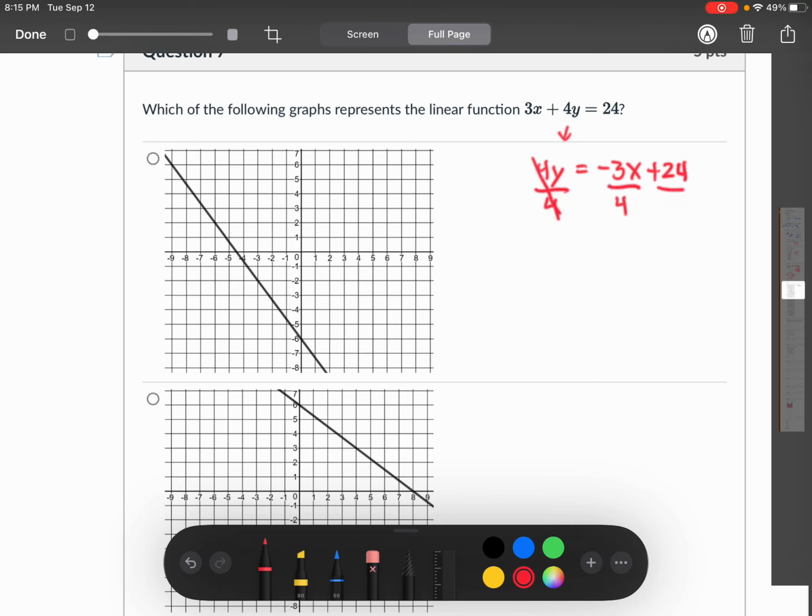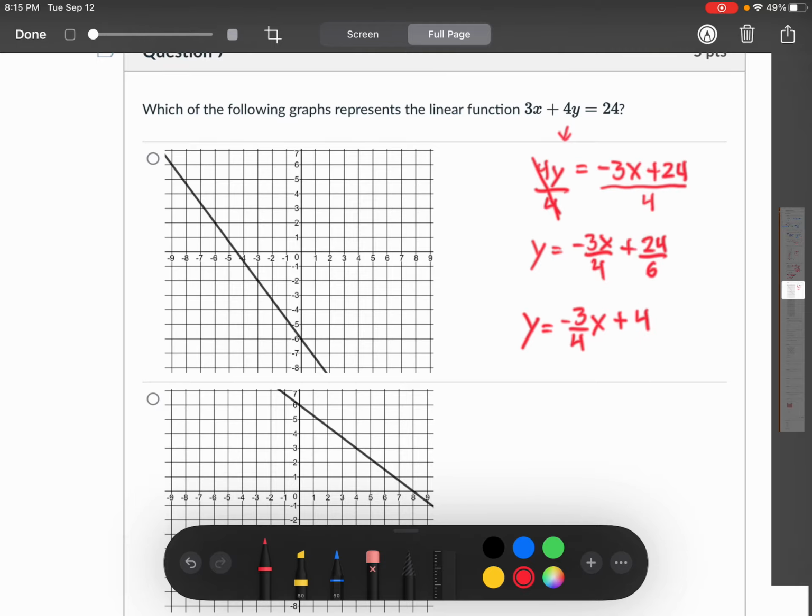If I divide this by 4, also divide this by 4. If you divide that by 4, that's the same thing as dividing this by 4 and dividing the 24 by 4. So in the end, you end up with negative 3/4 x plus 4.